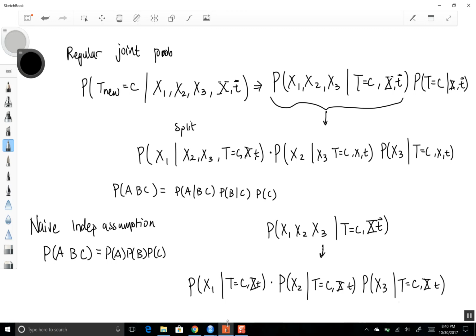So this part becomes a lot easier, and we don't have to try to figure out the joint distributions here. These conditional distributions could be tricky.